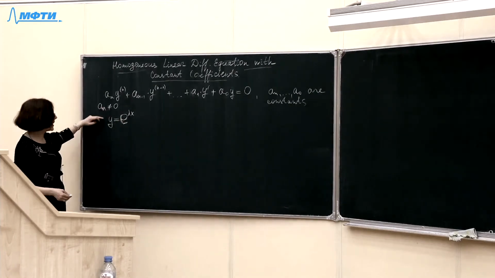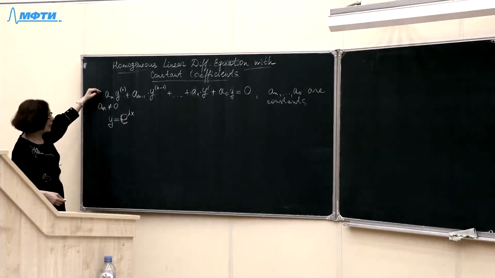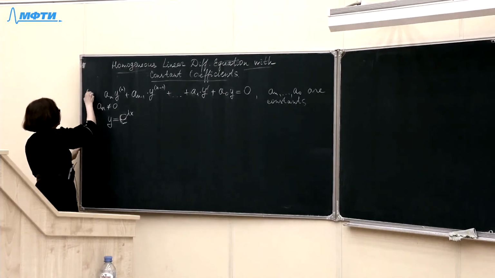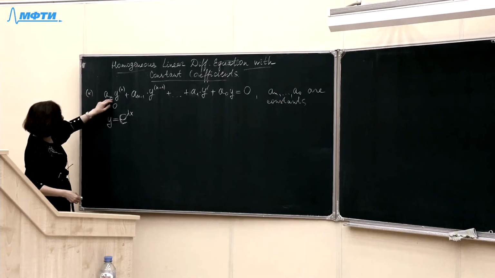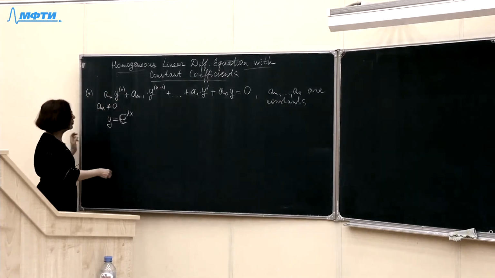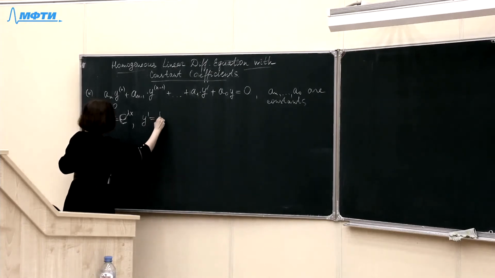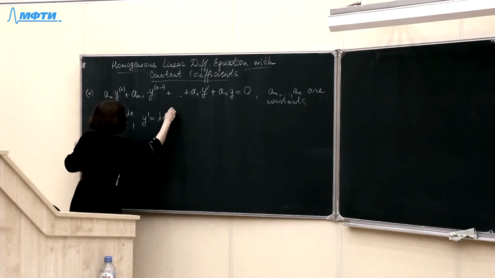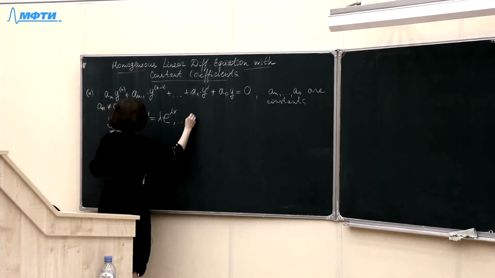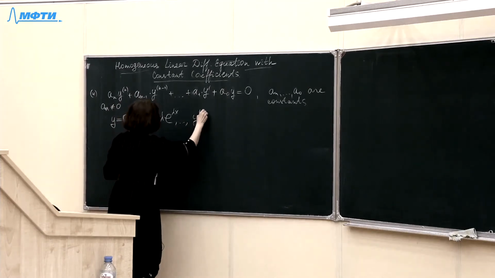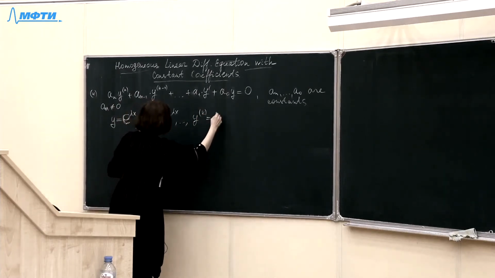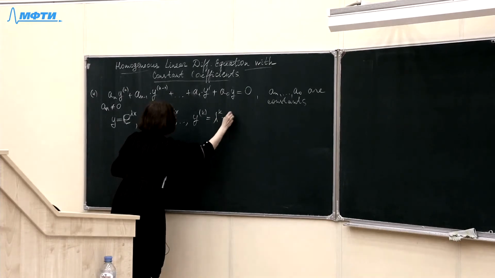Let's try to substitute it into our differential equation. We need to take the derivatives of y. So y prime will be equal to lambda times e to lambda x, and so on, and the k-th derivative will be lambda to the power k times e to lambda x.